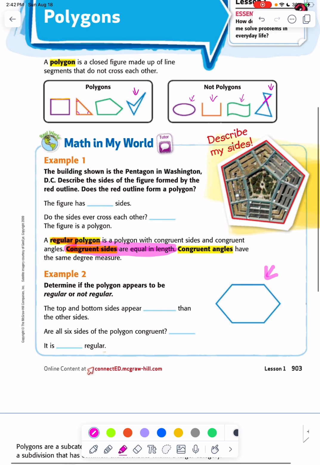If we look at this top line and this bottom line, it's a little bit difficult to see, but we can probably determine that those two lines are longer than the other sides, meaning they're longer than these sides right here. If you're unsure about that, you could always measure it with a ruler or even just a piece of paper and put it up to each line and see if they are the same.